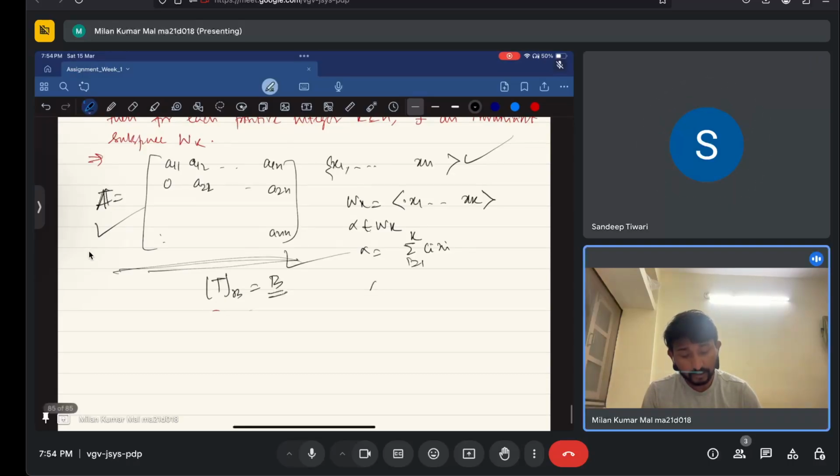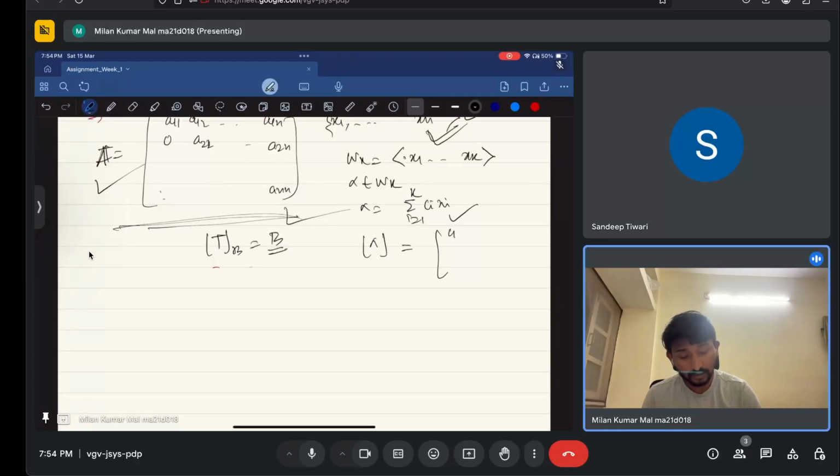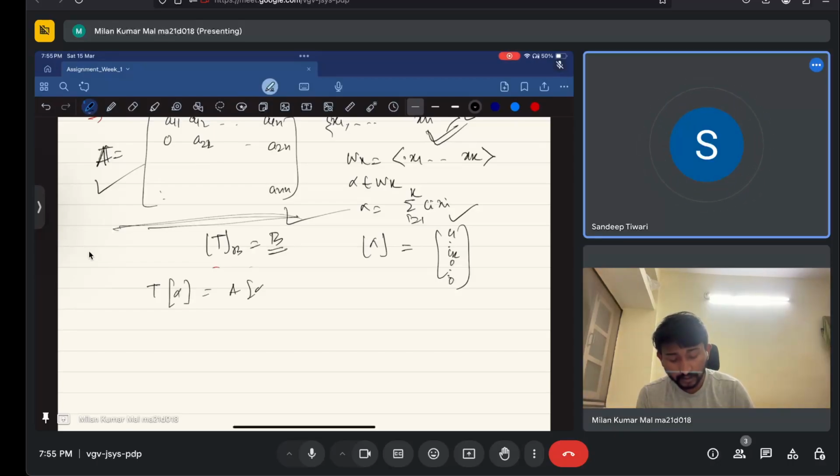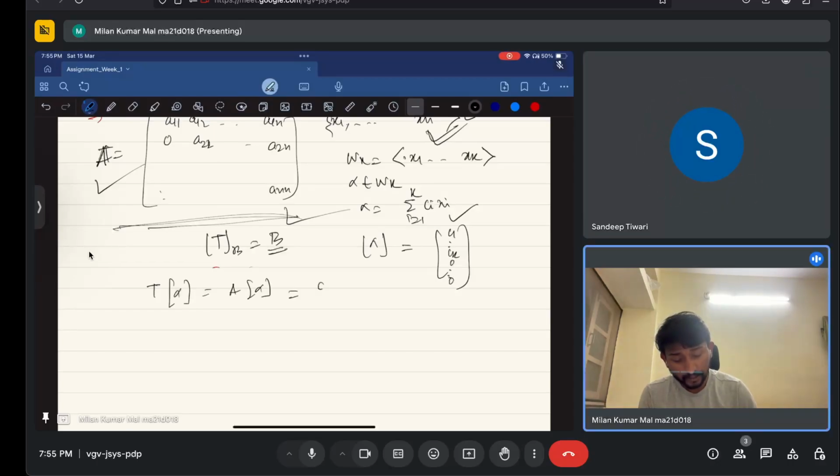That means the matrix with respect to the standard ordered basis, I mean the full ordered basis, the column vector corresponding to this basis is given by something like c1 all the way to ck and all other entries 0, right? So now the linear operator T in this matrix form is given by A. That means the matrix is given by a11, a12, ..., a1n, 0, a22 to a2n, all the way to ann.